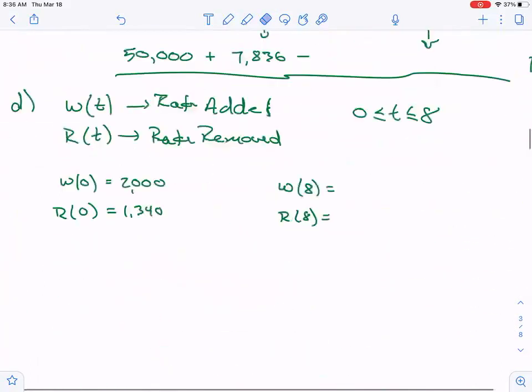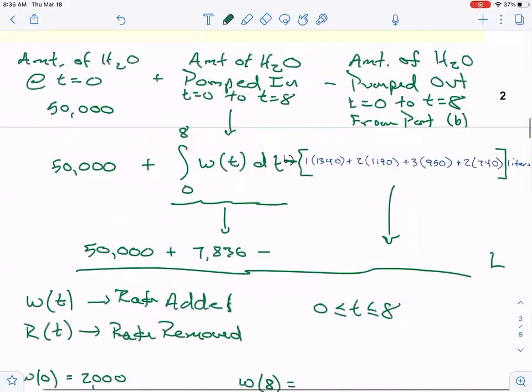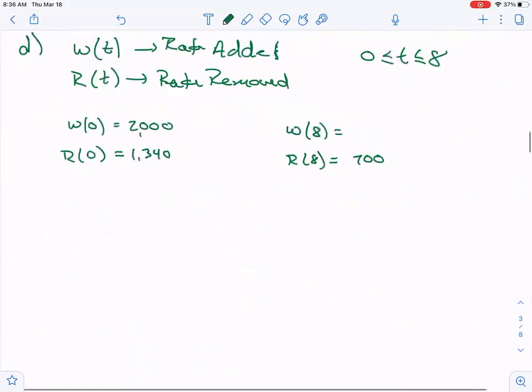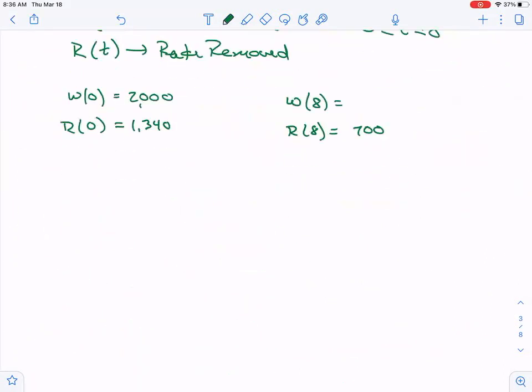And W at 8, I can use my calculator to find. So I'm just going to pull in Y1, and I want W at 8. Nope, I lied. I haven't put that in as Y1, so I can just plug that in.